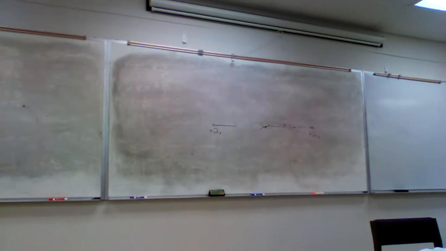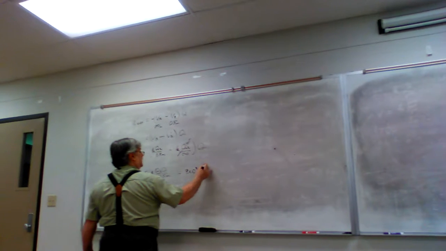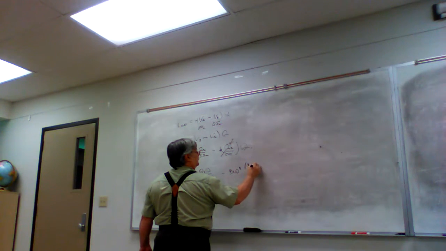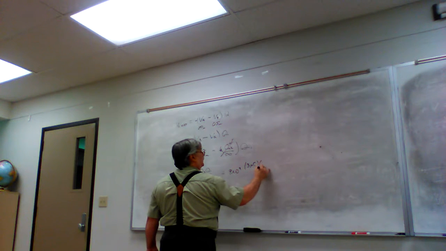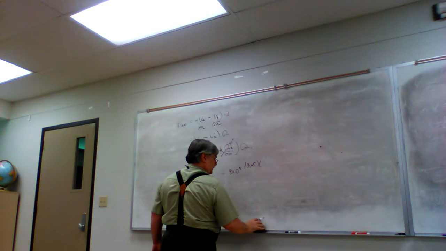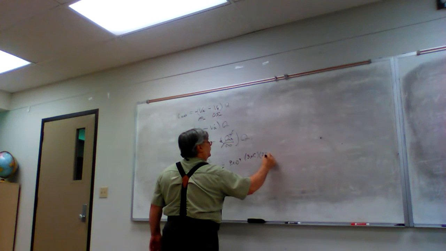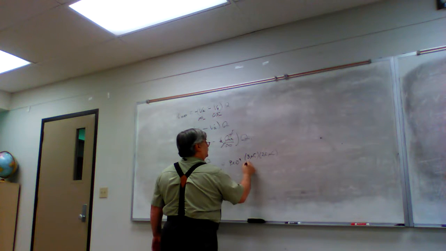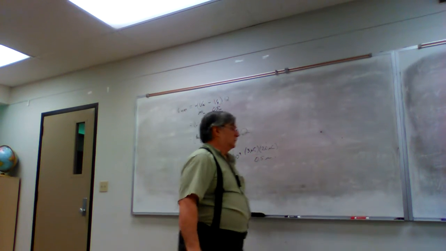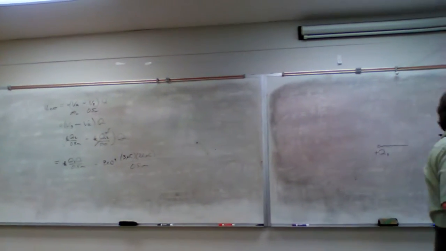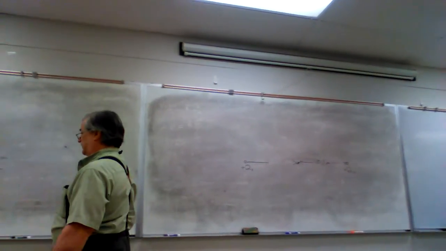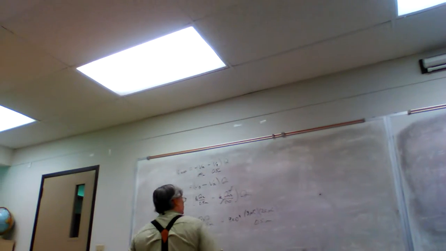So that becomes 9 times 10 to the 9 times 3 times 10 to the minus 6 and 20, all divided by 0.5 meters. I just wrote it microcoulombs, but you know that means times 10 to the minus 6 coulombs. So everybody do the math.